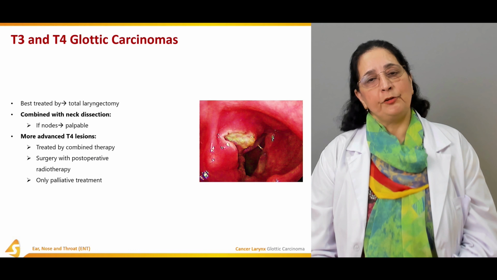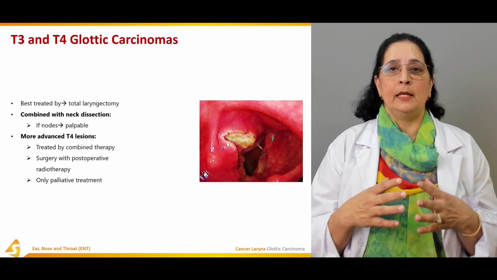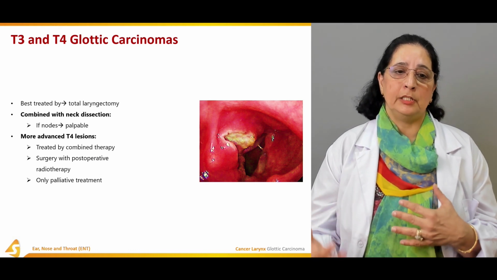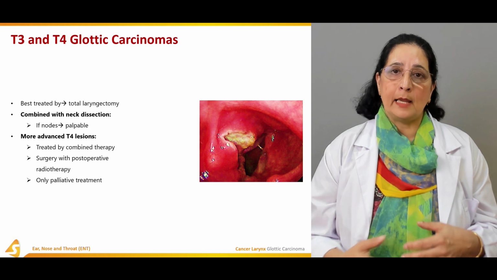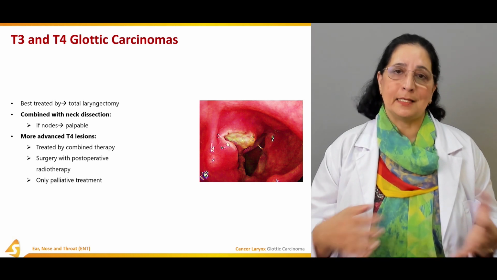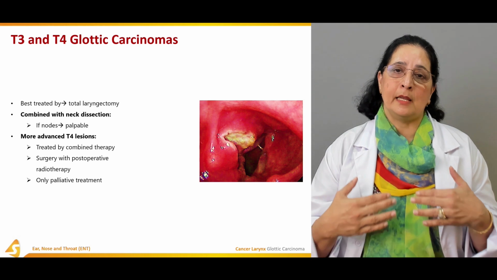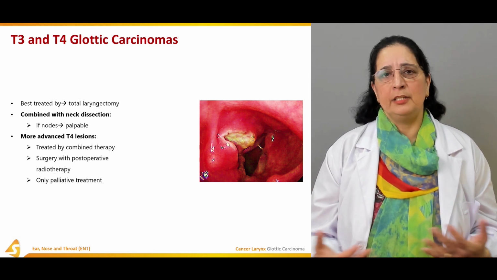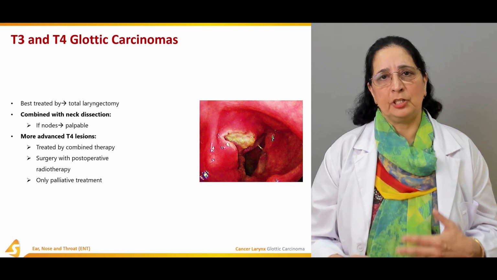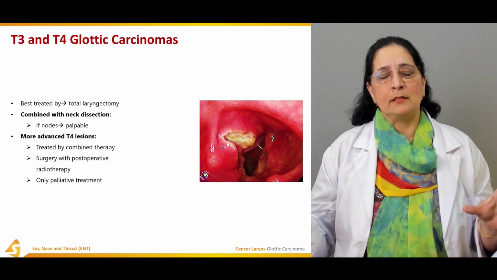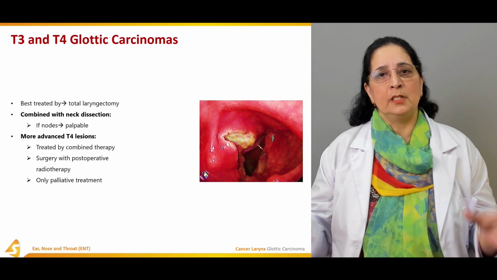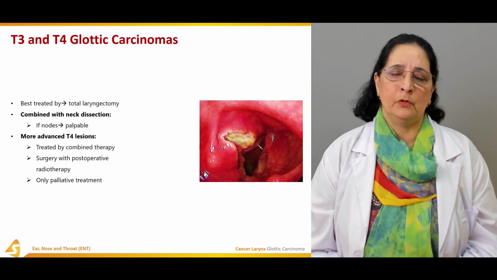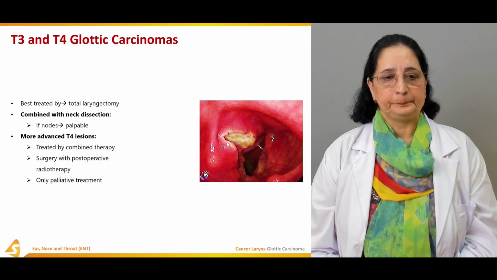Only palliative treatment is done in the advanced stages, which are the T3 and T4 cancer, because it has already metastasized to the distant site, and even if laryngectomy with nodal dissection is done, there is no point in doing that.